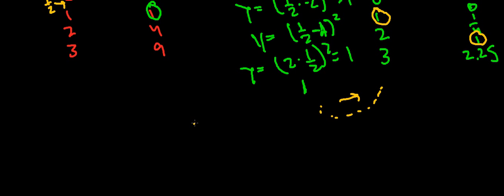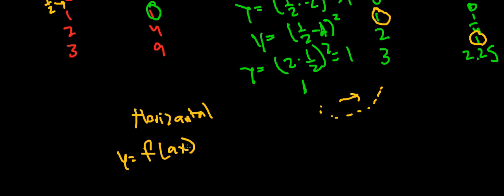So when we have horizontal, and that's when we have y is equal to f of a times x, when a is greater than 1, it compresses the graph. It compresses it horizontally.